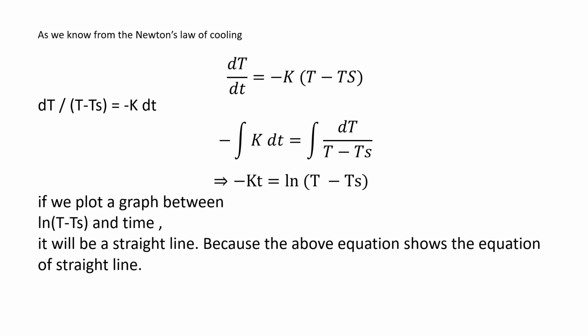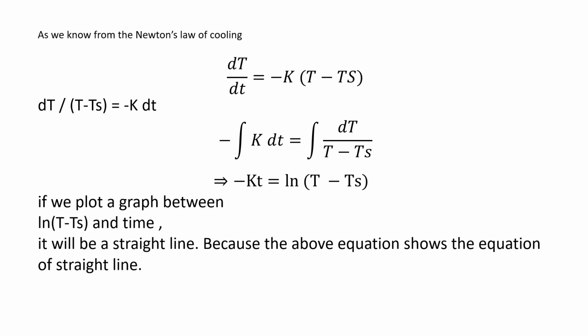As we know from Newton's law of cooling, the rate of change of temperature with respect to time is equal to minus k (T minus Ts). By integrating it, we get minus kt is equal to ln (T minus Ts).